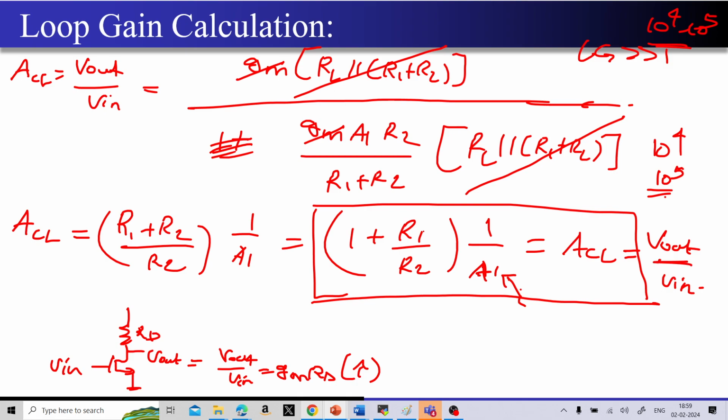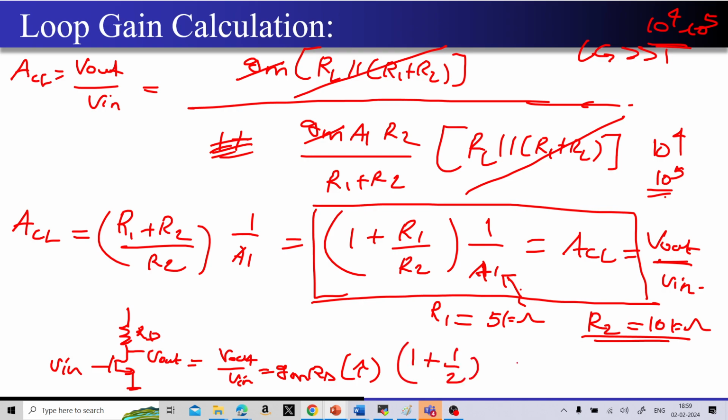Even if I assume that R1 will be a few kilo ohms, maybe 5 kilo ohm, and R2 maybe something like 10 kilo ohm, correct? So this equation will be reduced to 1 plus 5 by 10, which is 1 by 2, into 1 upon A1, let's assume 10 to the power 4. So now what you can see over here is that Vout by Vin is very close to 0.